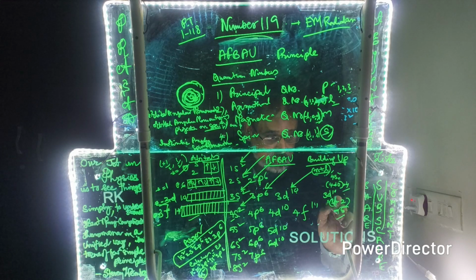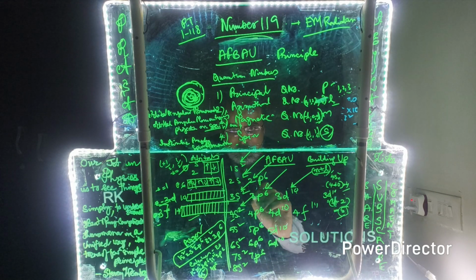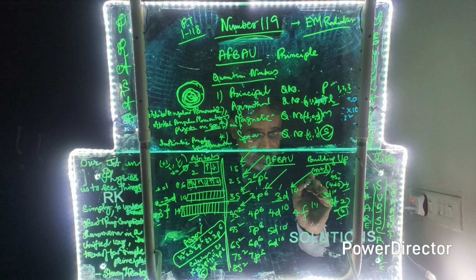According to the energy, these orbitals will be filled. So, though this belongs to the third principal quantum number, let's say this is the first one, this is the second one, this is the third one.